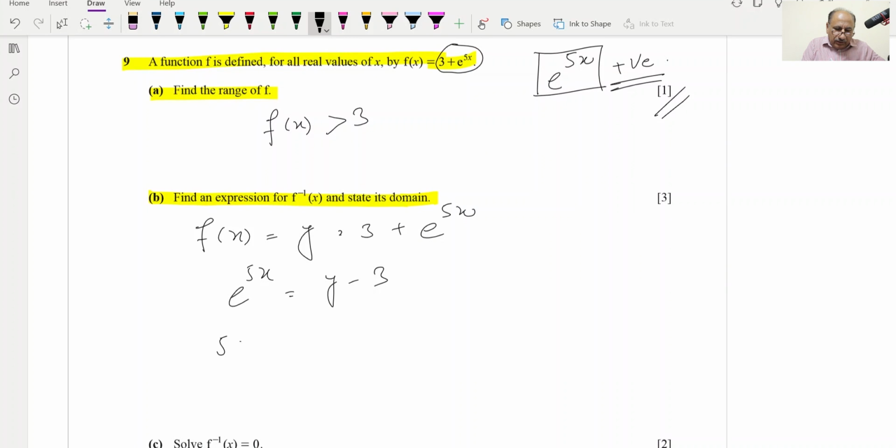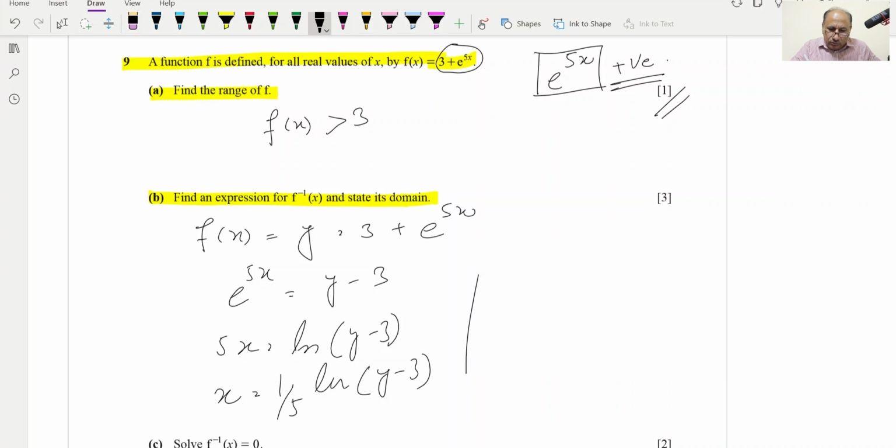So 5x will be equal to log of y minus 3, and we can shift 5 to the other side, so 1 over 5 log of y minus 3. Now we can swap, so after swapping, y is equal to 1 over 5 log of x minus 3, and this is f inverse of x. This is the final value for the 3 marks B part.